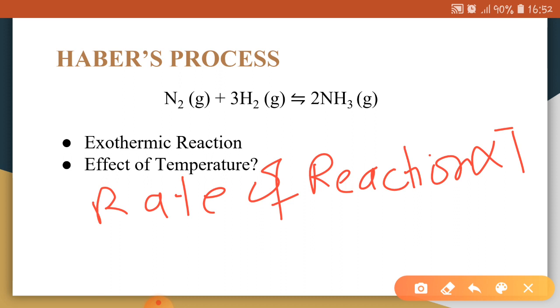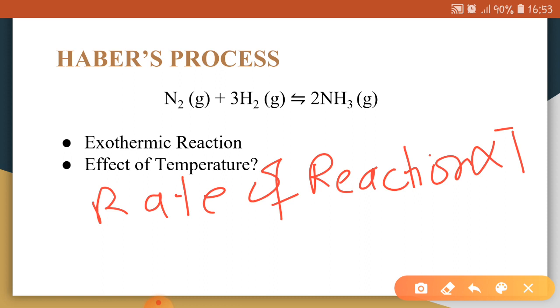If we decrease the temperature, the number of effective collisions will decrease. Effective collisions are those in which the colliding reactant molecules produce the products.